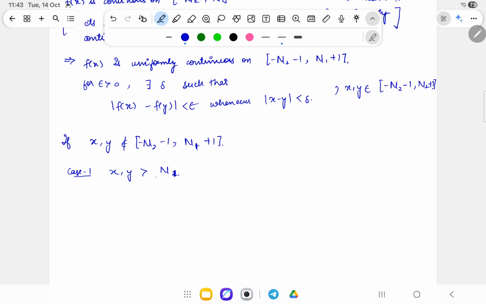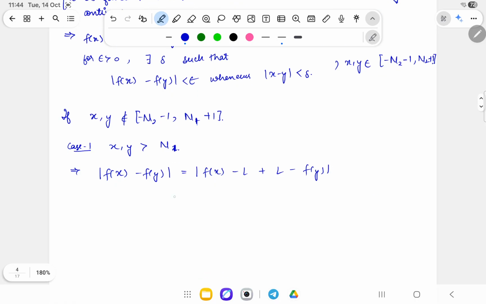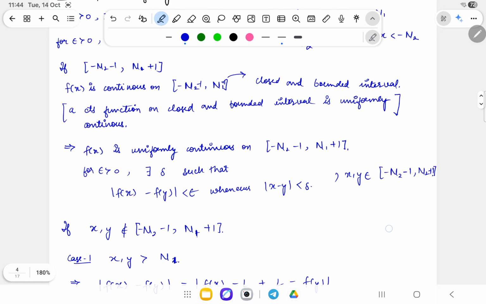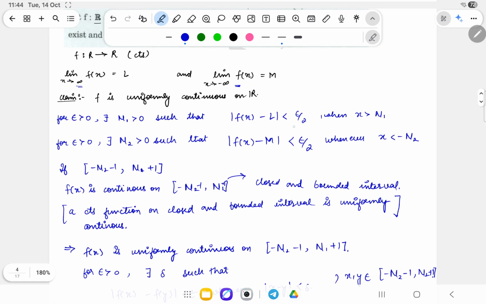So in this case my |f(x) - f(y)| will be equal to, I can write it as f(x) minus L plus L minus f(y), and here I can use the triangle inequality, that says |f(x) - L| plus |f(y) - L|, and this is less than epsilon by 2, this is also less than epsilon by 2, because here my x comma y are greater than n1. So using this definition, these two are less than epsilon by 2.